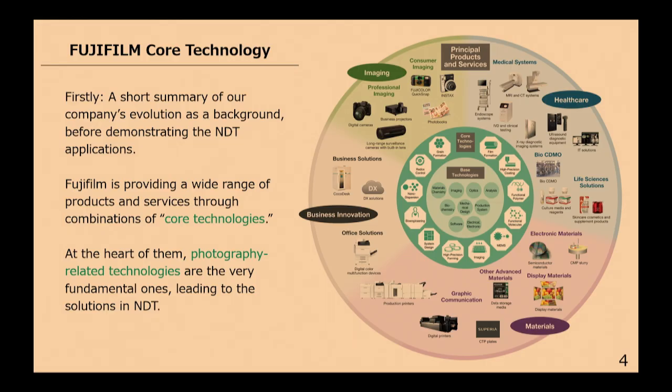Also with bioengineering or biosciences, even some displays, your phones, laptop computers, some of that is actually made by FUJIFILM as well. And then printers, printing. So a little bit of everything. We had to diversify. If we just stuck to film cameras, we would probably be out of business. So now we have digital cameras and all the other technologies.